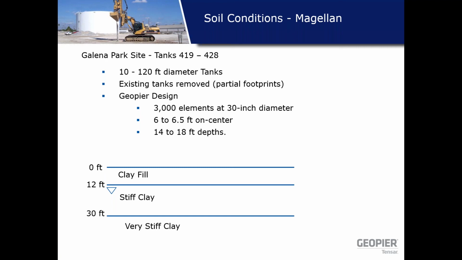When you consider 10 tanks with 120 feet in diameter, the time period for this over-excavation and removal and the cost associated with that, we could save a lot of money and time, and do the construction within the stipulated time and meet the project performance criteria by installing a proper Geopier foundation system.